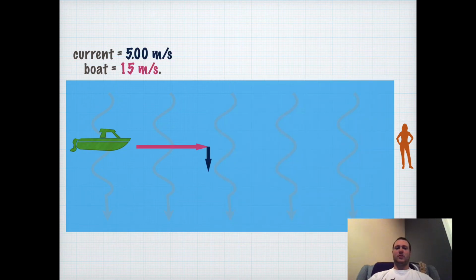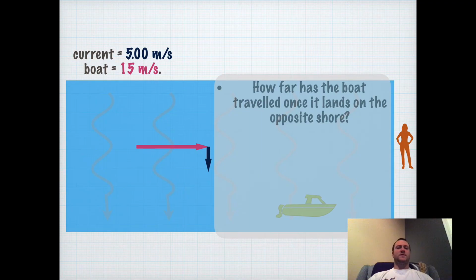All right, so here's what it'll look like. The boat is going 15 meters per second. The current pushes you at 5. So our overall velocity, if we set it up perpendicular like this, is not going to be 20, right? We're actually going to need to use vectors to help us find what is the overall velocity, right?